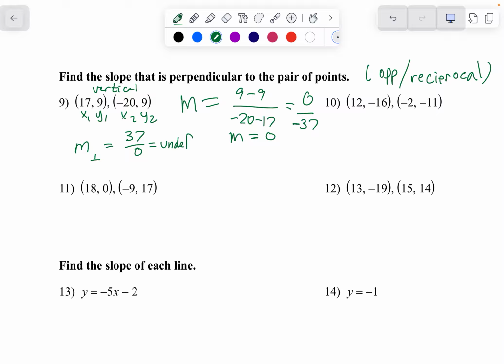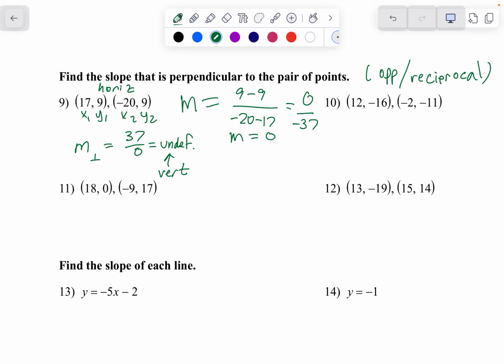Because when you go to flip it, you can't. So undefined and 0, the slopes are always perpendicular to one another. So that's just a weird case because our y values matched initially. When we go to flip it, we get something undefined, okay? And because our original is horizontal, this is vertical. And a vertical line and a horizontal line are perpendicular, okay?